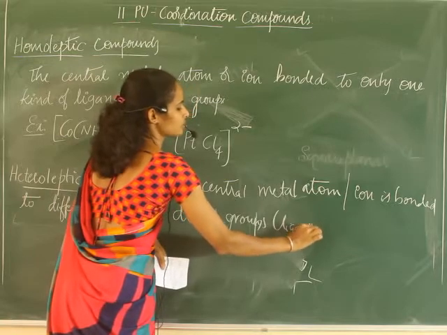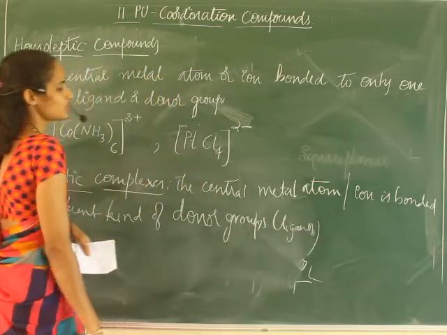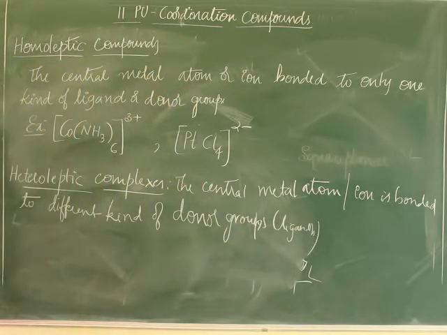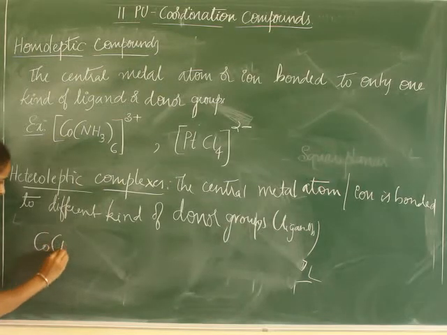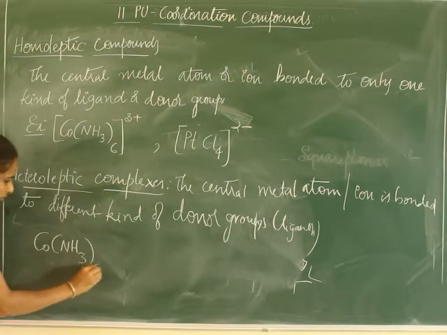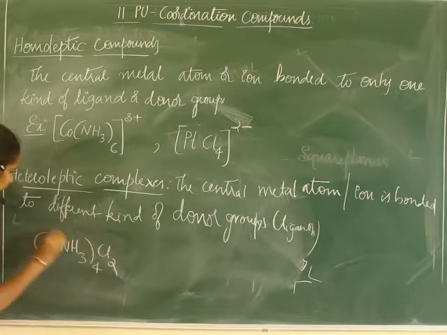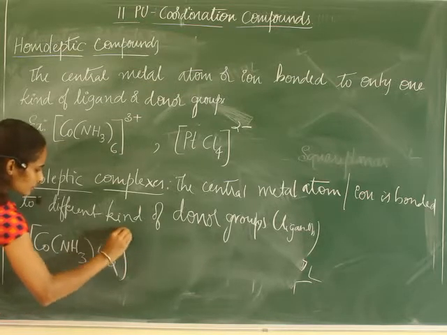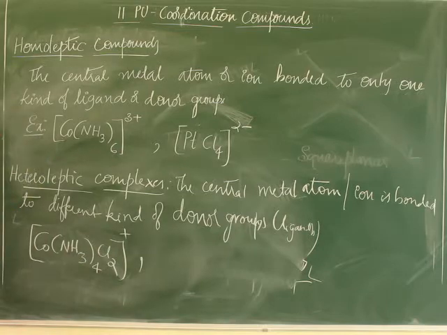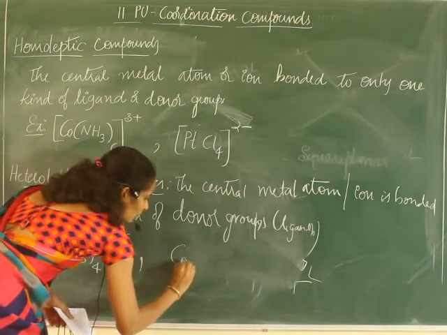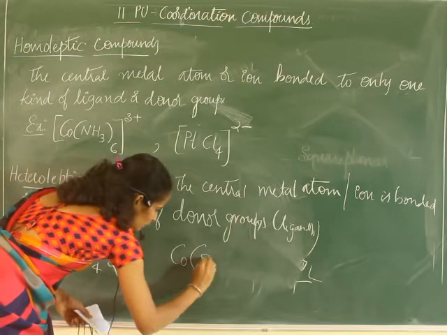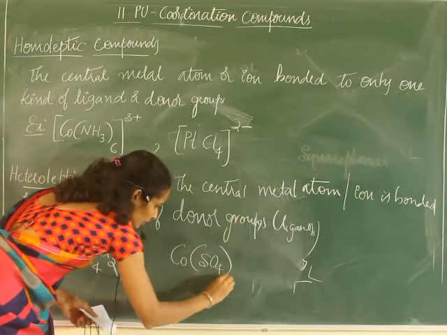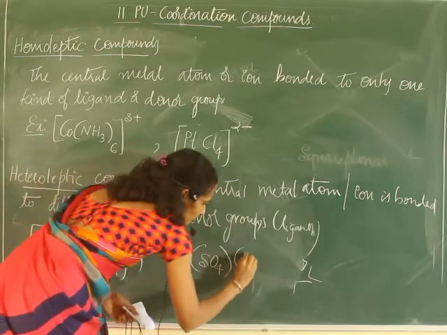Different kinds of ligands or donor groups, then they are called heteroleptic compounds. Example, cobalt NH3 4 times and Cl2 plus. And one more example, cobalt SO4 and NH3 5 times.